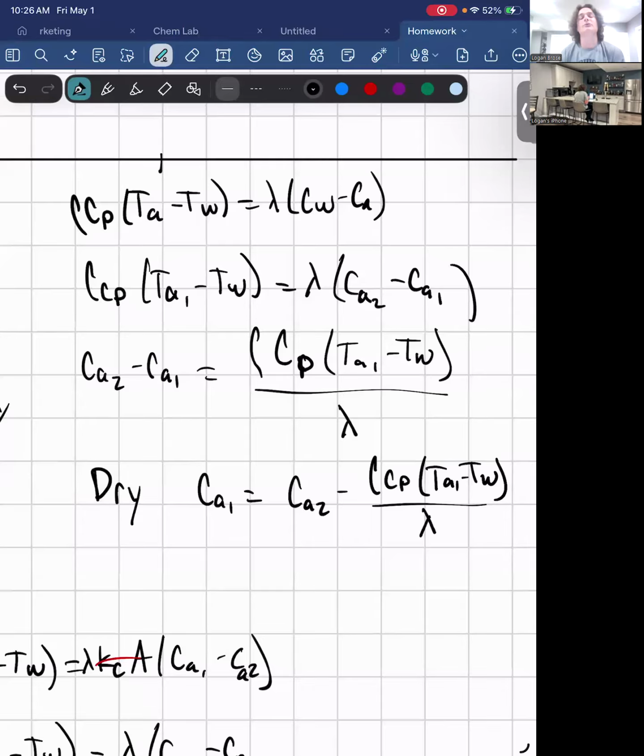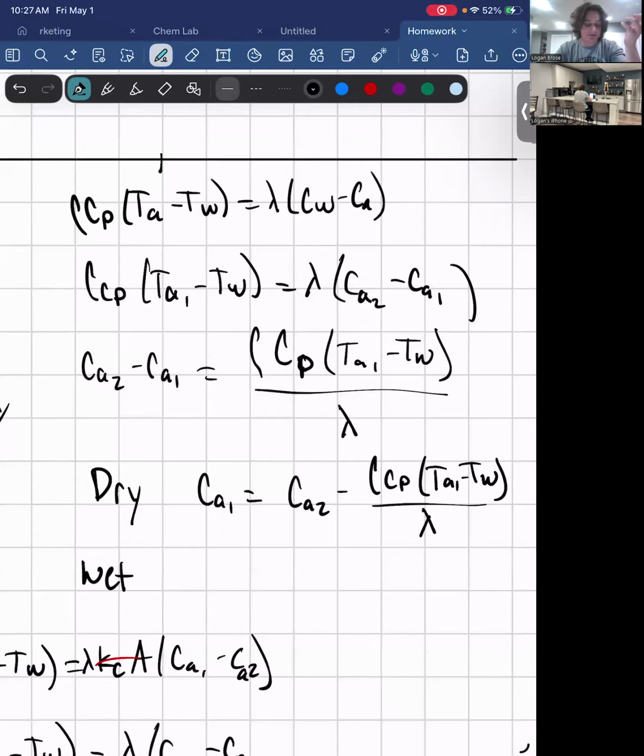That's how we were able to find our dry bulb temperature, because we know that the saturation at temperature 1 doesn't have any water in it. And when you're looking at the sling psychrometer, the dry bulb is just swirling around in the air, and then the wet bulb is when you have the wet paper towel wrapped around the end of the thermometer, and so that's why it's wet.